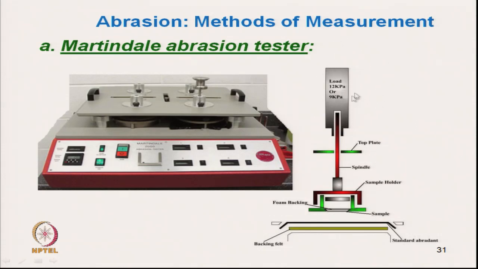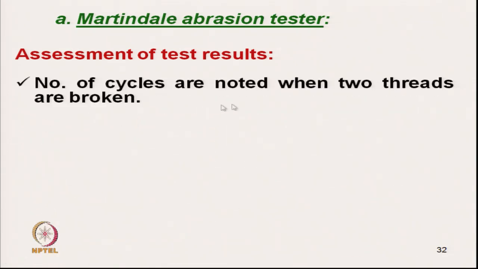Then the instrument is started, and this plate makes a complex motion. And the assessment of the test result is the number of cycles noted when 2 threads are broken.